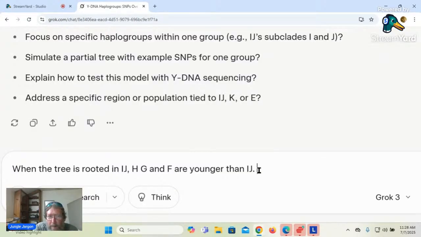It also makes E the oldest, or just say older than D, B, and A.